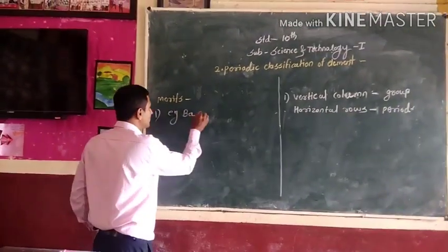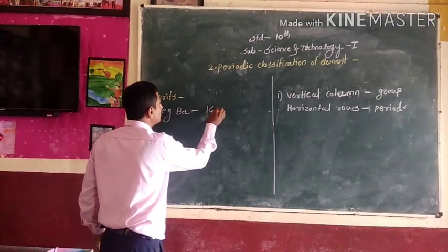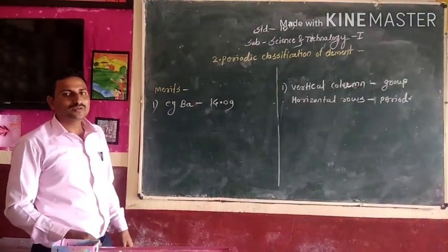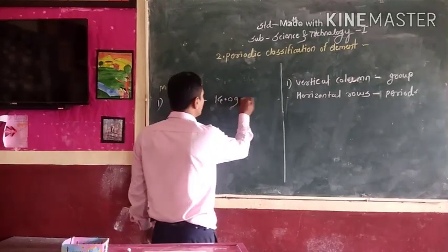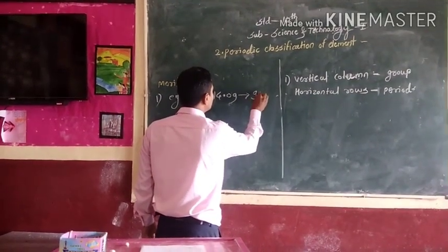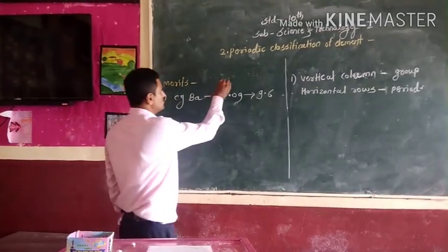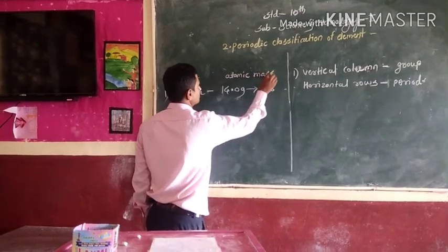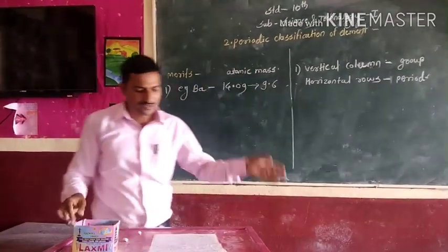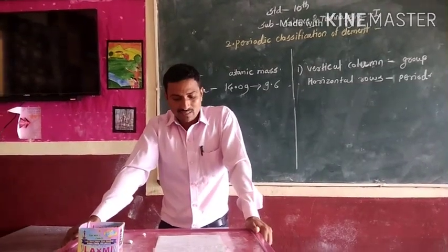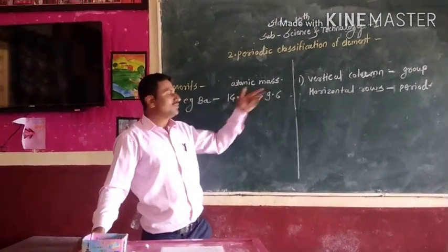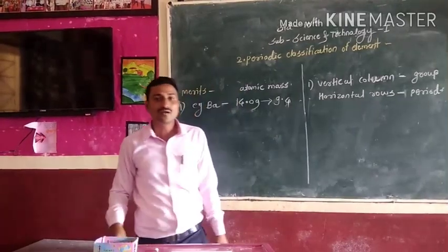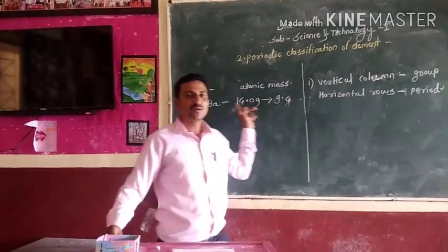The previous atomic mass of beryllium was 14.09, and it was changed to 9.4. This is the first merit.